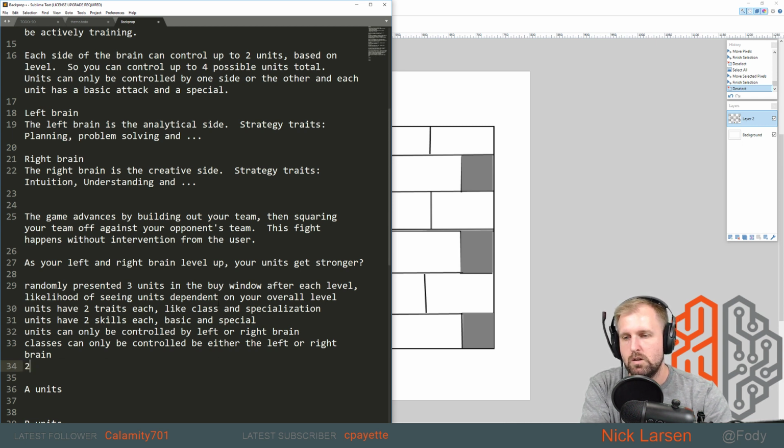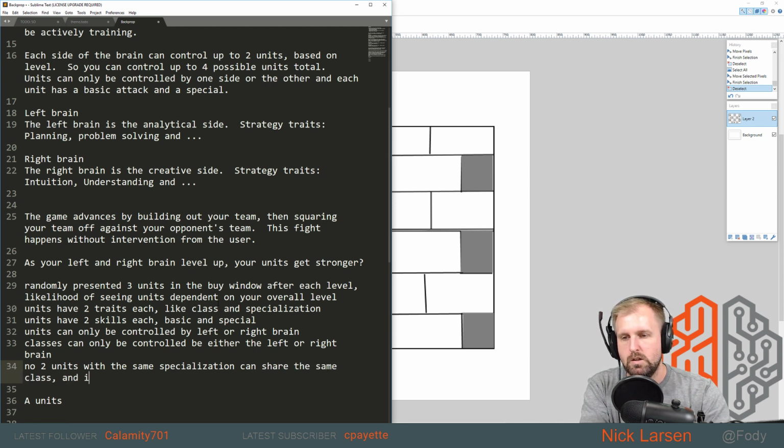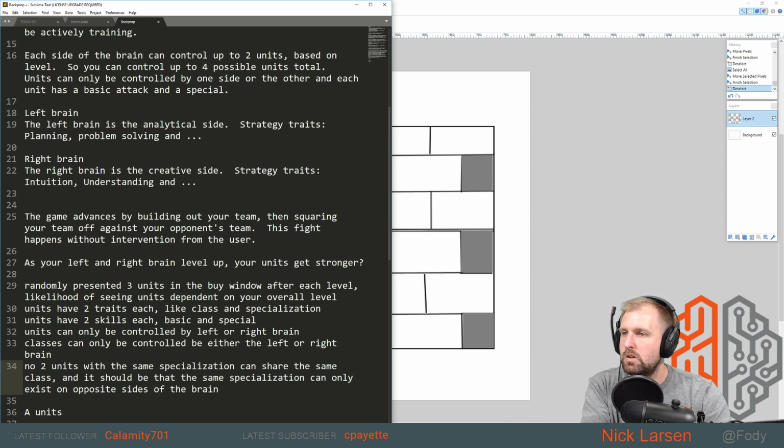No two classes can be shared. No two units with the same specialization can share the same class, and it should be that the same specialization can only exist on opposite sides of the brain.